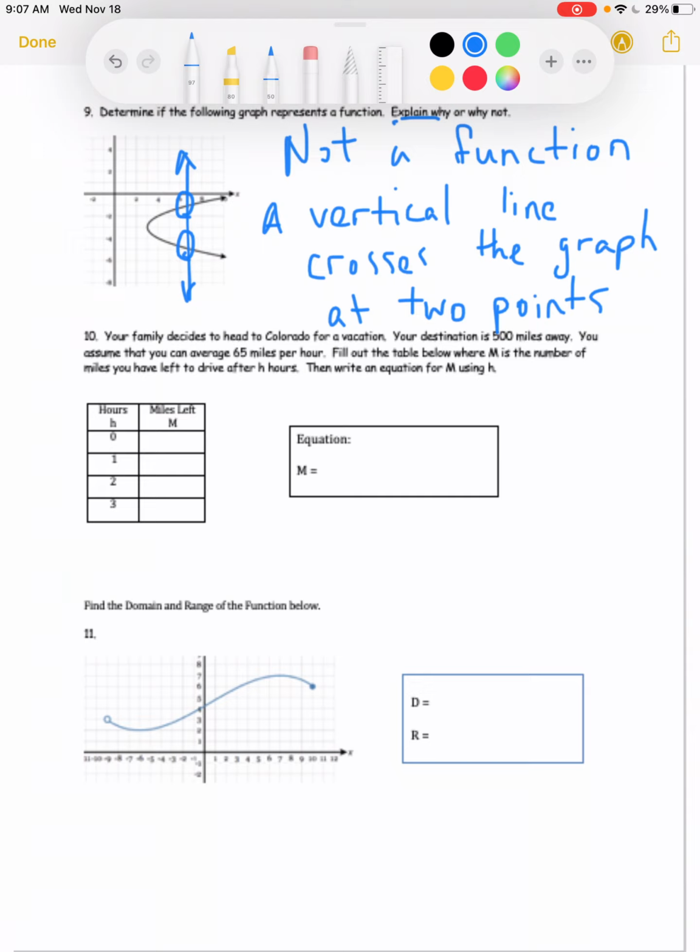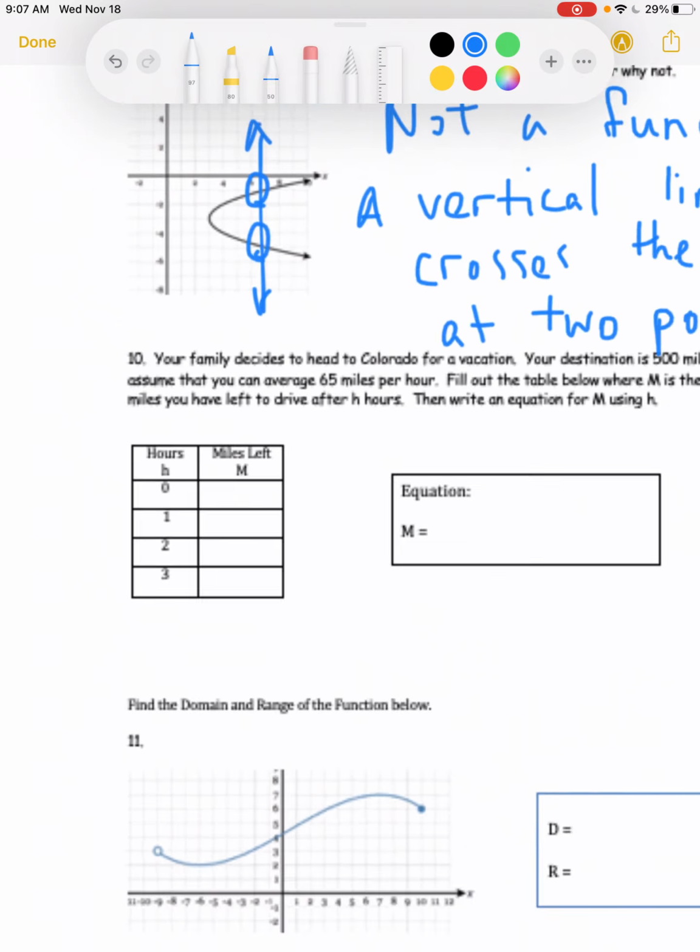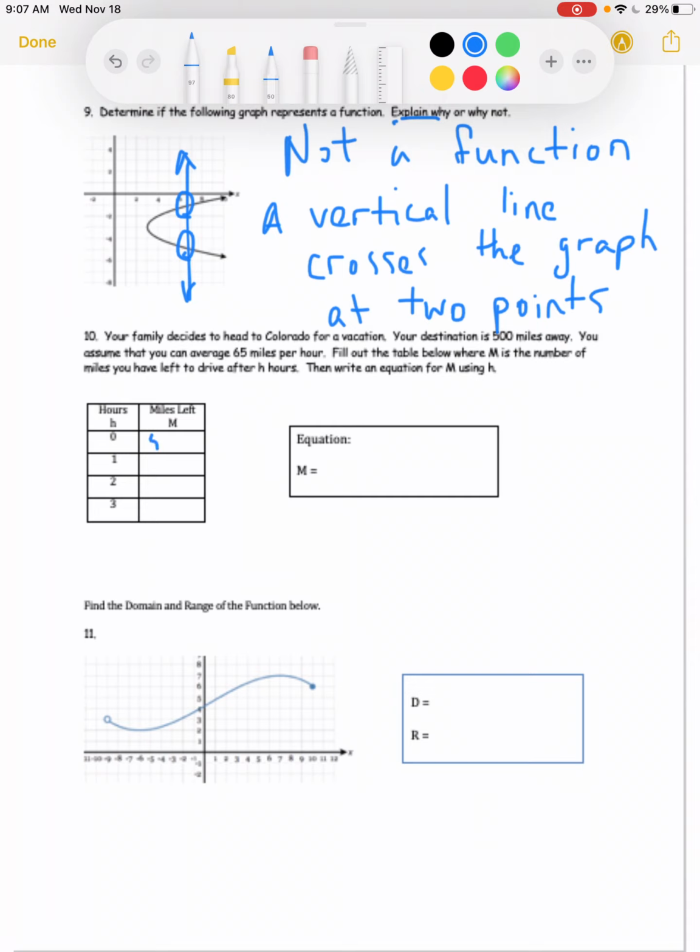Number 10, your family goes on a vacation. They're 500 miles away. You assume you can average 65 miles per hour. So first of all, filling out this table, I'm going to put 500 as my starting point. And then I kind of know that my equation is going to have a y-intercept of 500 as well. If we're getting 65 miles per hour, or 65 miles per hour is our speed, then we're going to get closer to our destination each hour.